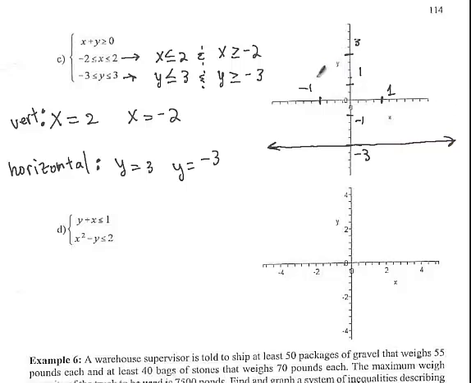Alright, and then for the vertical ones, I want to go out to negative 2. 1, 2, 3, 4. Here's negative 2. And I just draw a vertical line. X equal negative 2. This is y equal negative 3. On the right, 1, 2, 3, 4.